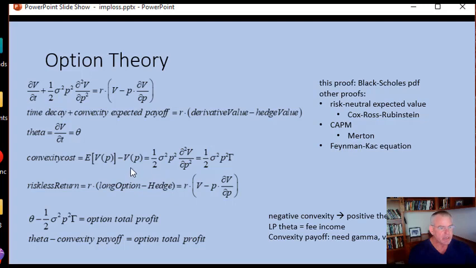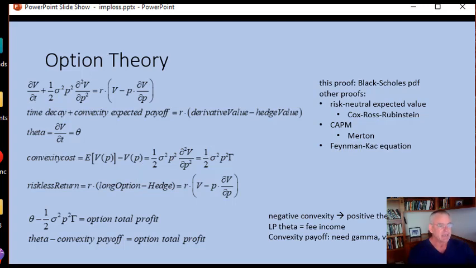And so, that's this here. Convexity cost is for an option with positive convexity, like you're long an option, well, the expected value of that is greater than the value at the current price. And with negative convexity, like what Eve has, the LP, it's going to be negative.